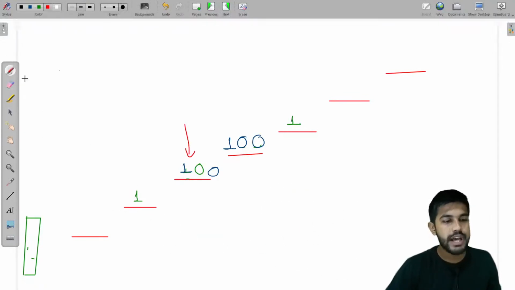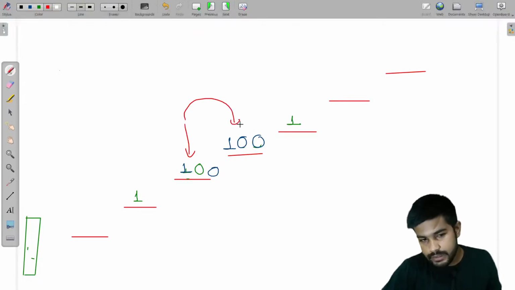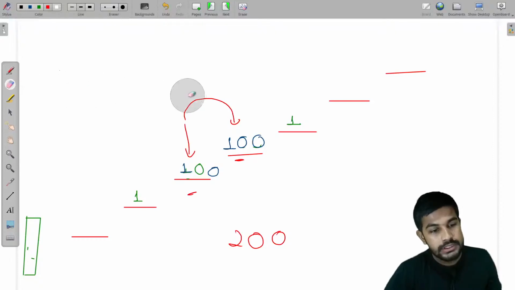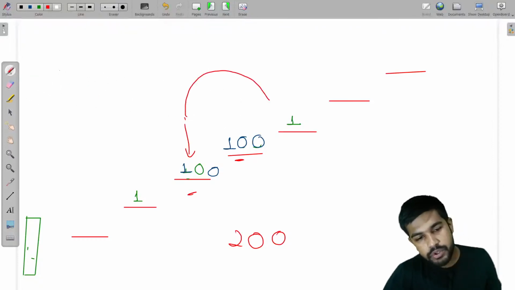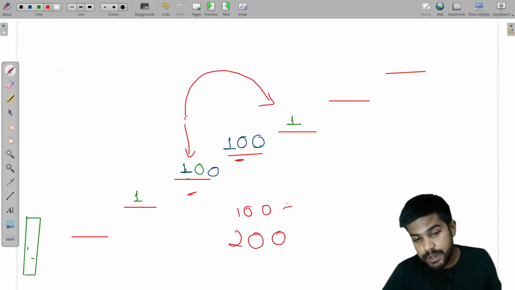Suppose I am standing at this position and I jump here. What would be the cost that I would be encountering? I would be encountering the cost of this place plus this place. Now suppose I am standing at this position and then I jump to this position. So what would be the cost? 100 plus 1. This is the cost.